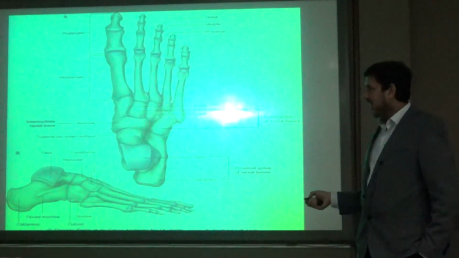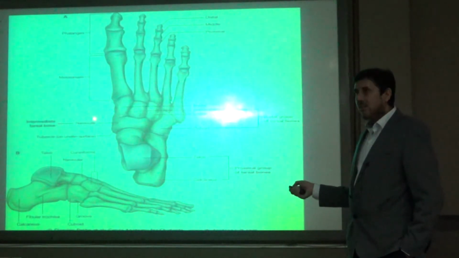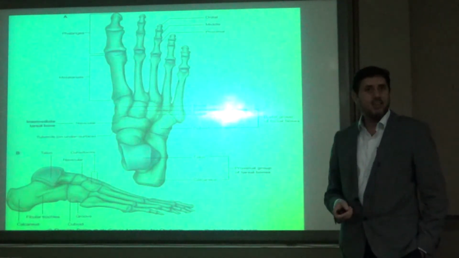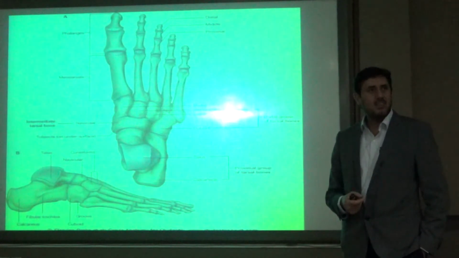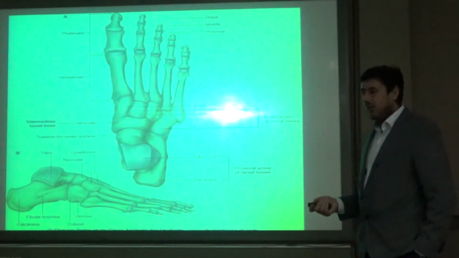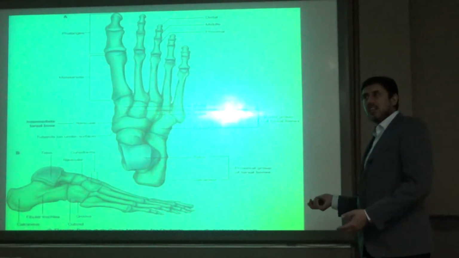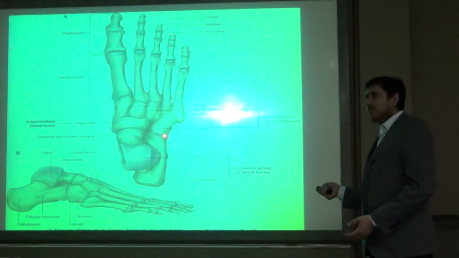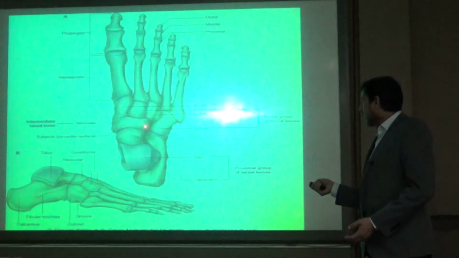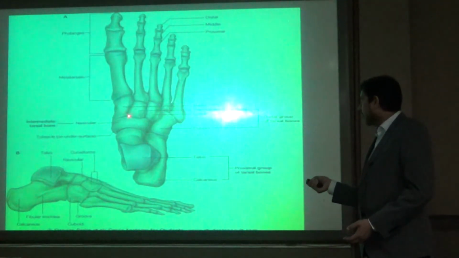So on the medial side is N, navicular. On the lateral side, LC: lateral is cuboid.